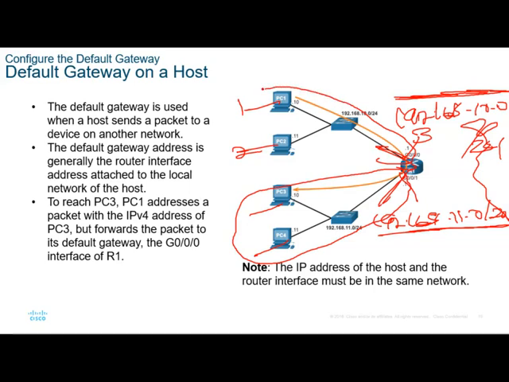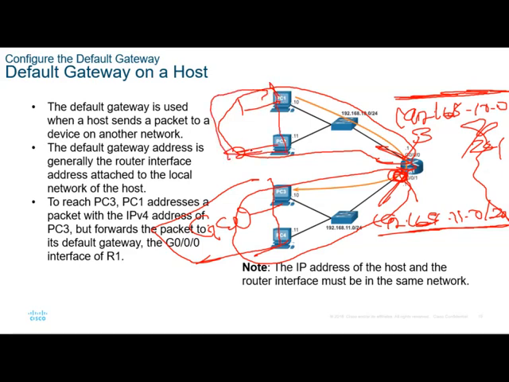Even this one is also a group. So if you are to assign the default gateway, these computers here should have the same gateway, and the gateway here should be the exact IP address that is assigned on this interface. Even for these two computers, the gateway has to be this IP address, whichever address is assigned there.